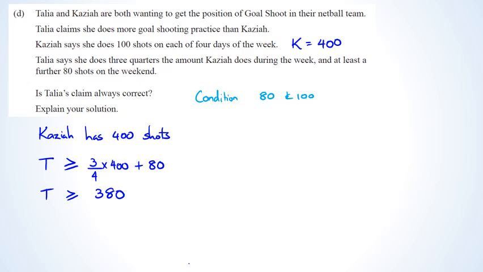If she does between 80 and 100 shots, this is condition 1, she doesn't actually make the cut. She is not correct, because she is shooting less.